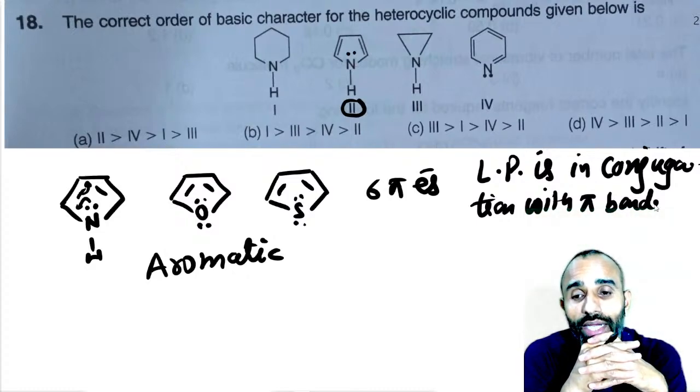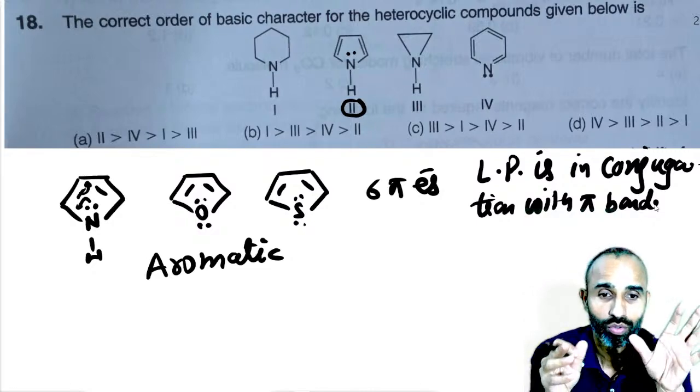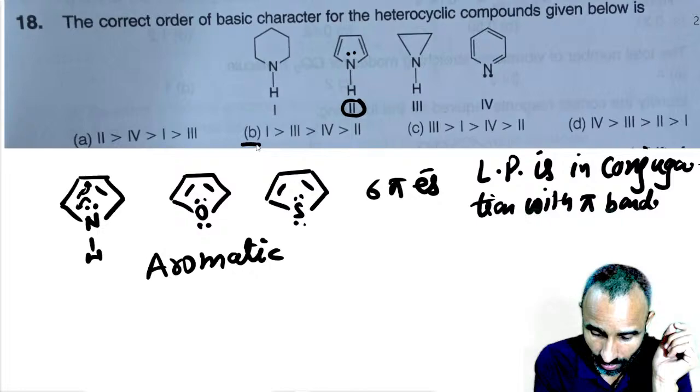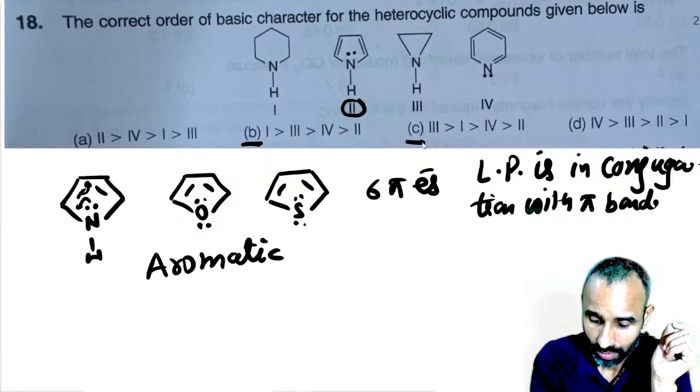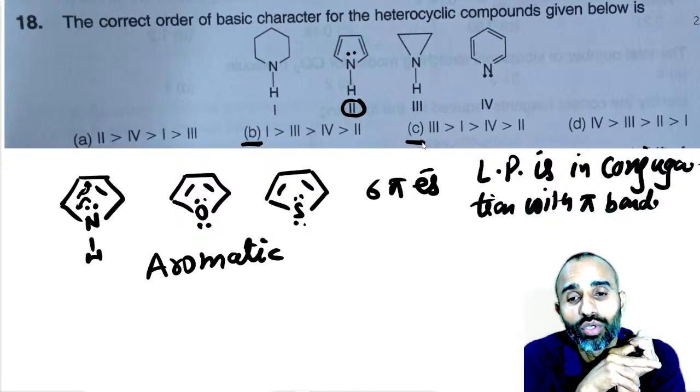So second is least acidic. So there are only two options where second is least acidic. Now come to most acidic.